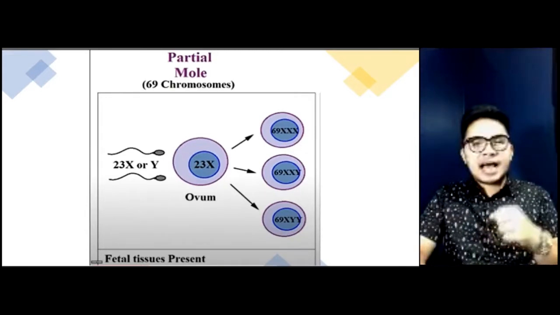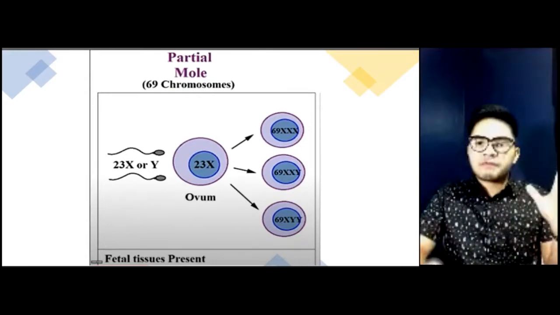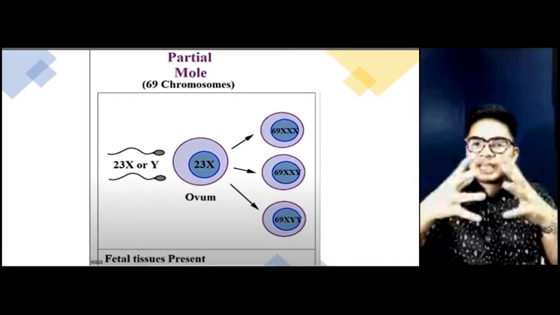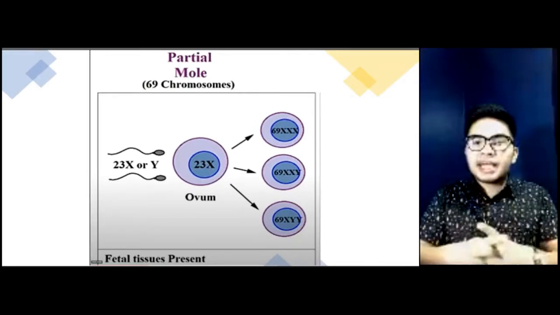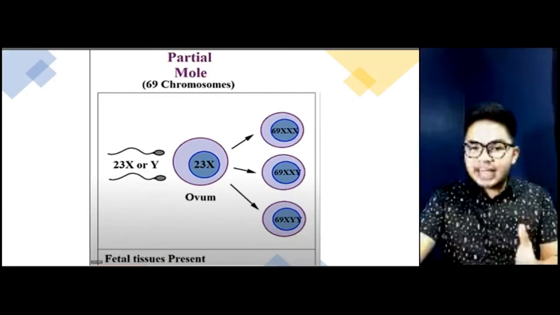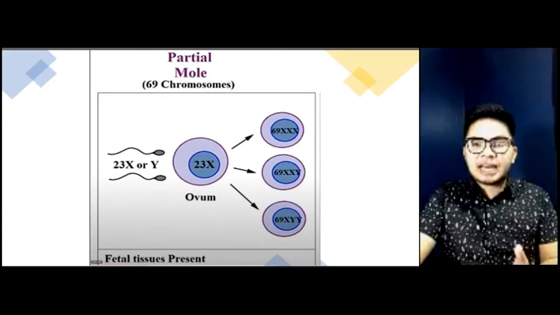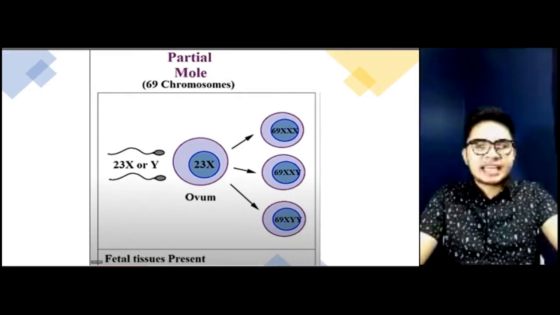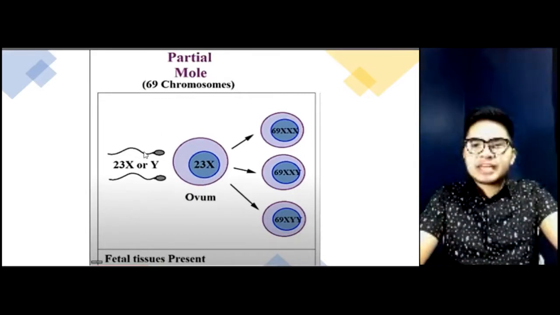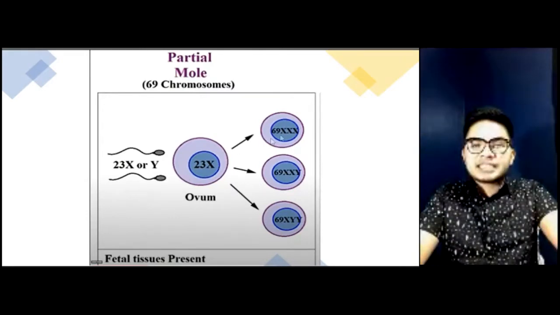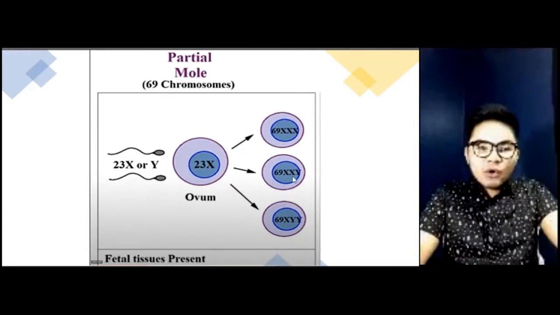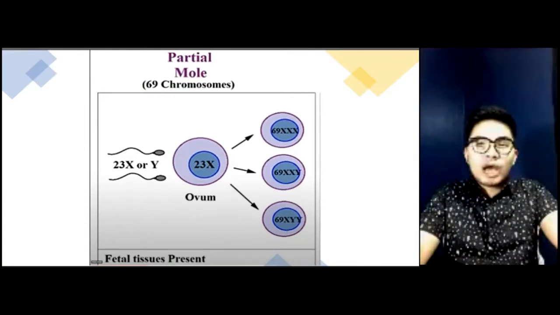But if an X chromosome fertilizes an egg which is again X-only, when they unite together, the result would be 2X or XX. Expect a female baby. So what happens in partial molar pregnancy is that three sets of 23 chromosomes unite together. Meaning to say, it could be 69XXX, it could be 69XXY, or 69XYY.